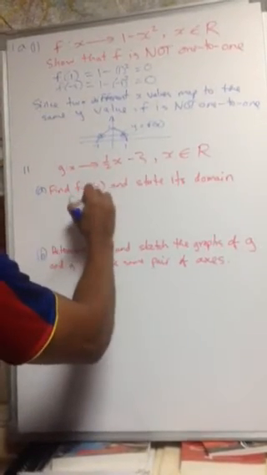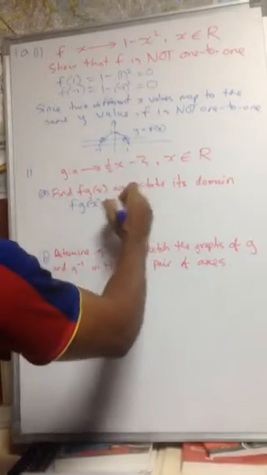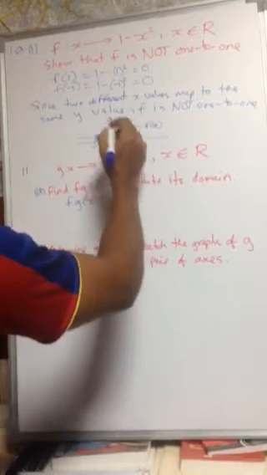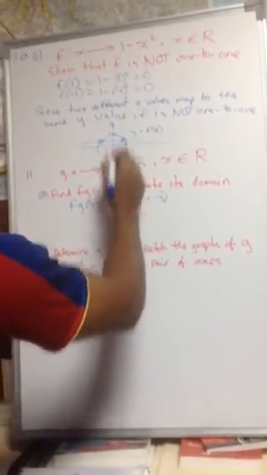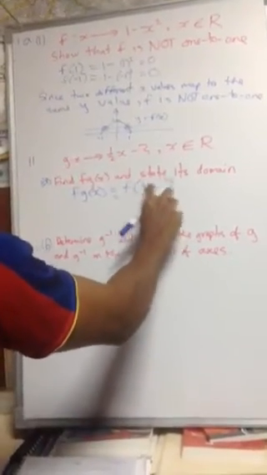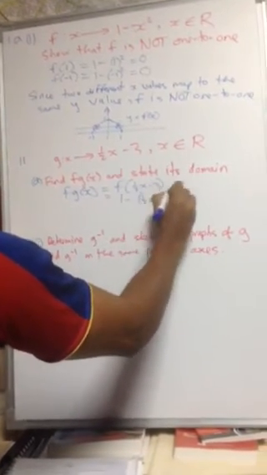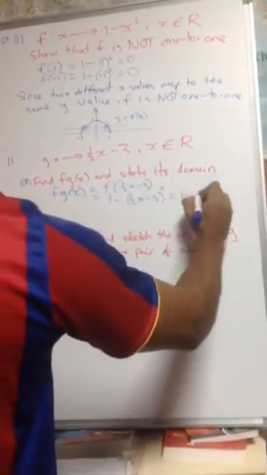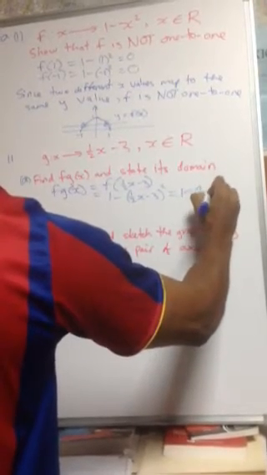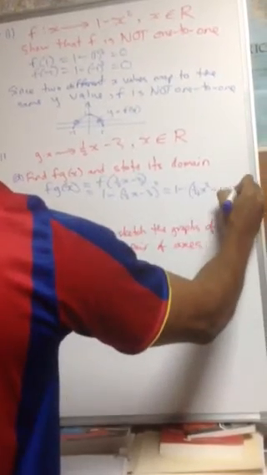F of g of x means that we must map g into f. So f of g of x is f of half x minus 3. So anywhere in f that we see an x, we replace it with a half x minus 3. So 1 minus a half x minus 3 all squared, and that is equal to 1 minus, square this, that will be quarter x squared minus 3x plus 9.